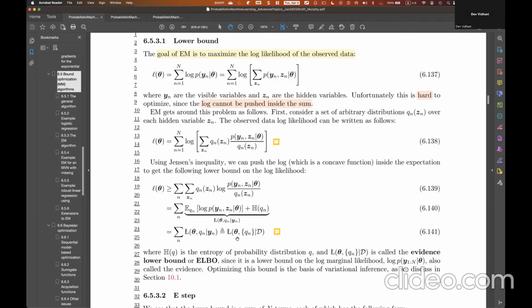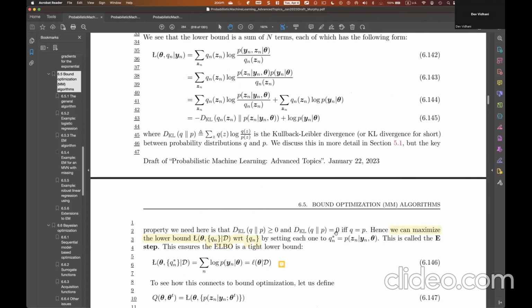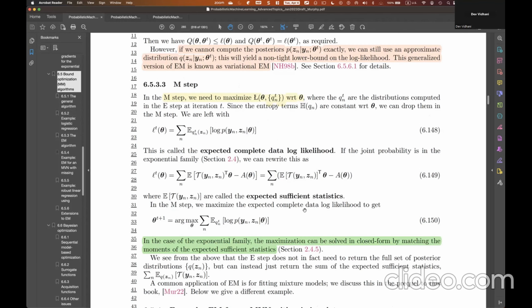Based on that, you have the new estimate that you want to make for your z's. So you come up with the new q, and so on and so forth. So that's the iteration that you have in the E step and the M step. So that's what expectation maximization is.